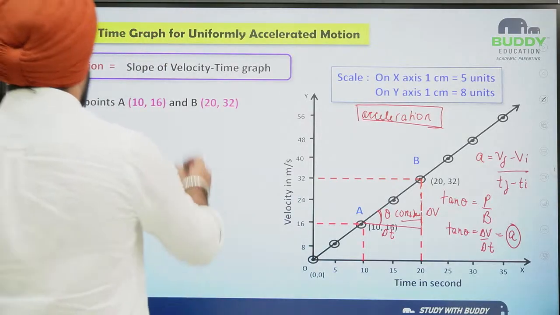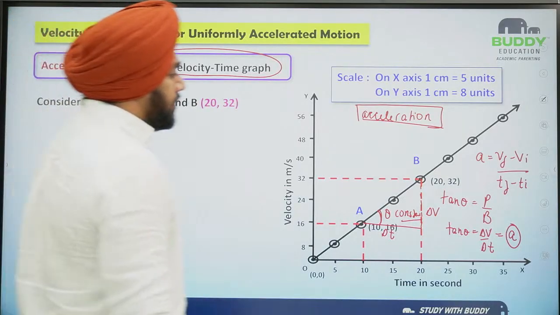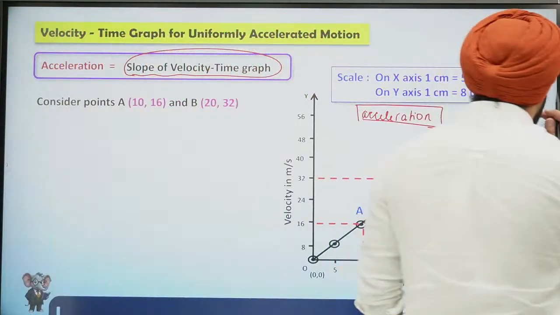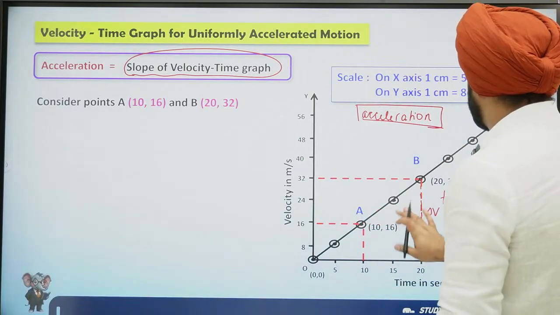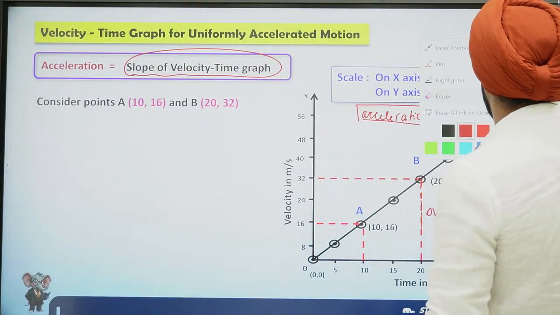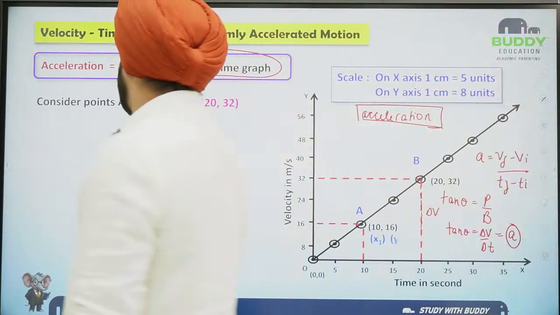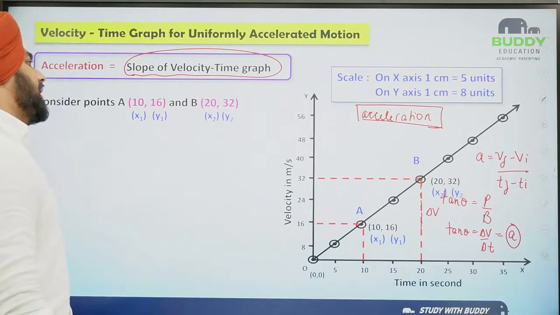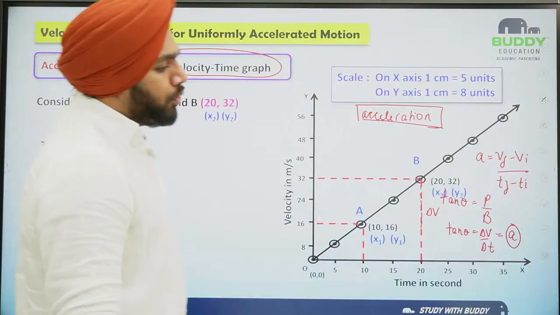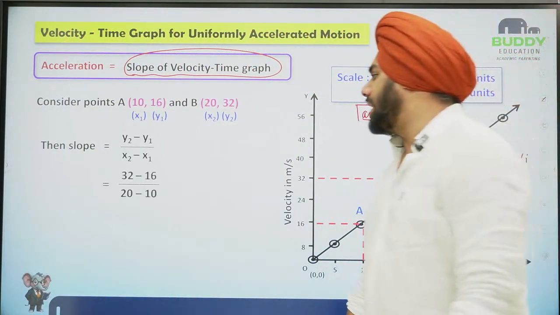Slope of the velocity time graph is the acceleration. So here we have taken 2 points, one is 10,16 and the other is 20,32, right? In 10,16 and 20,32, this is basically x1 y1 and this is x2 y2, then the slope is obviously y2 minus y1 upon x2 minus x1.